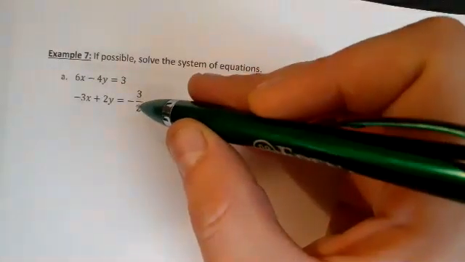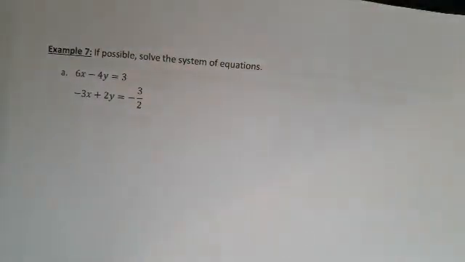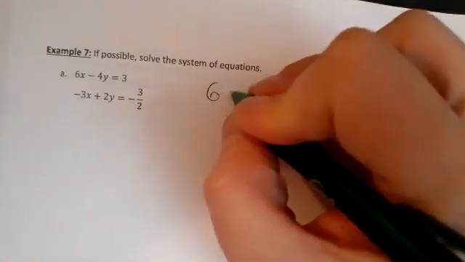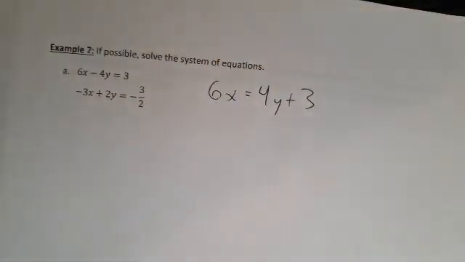I probably wouldn't try to solve for this thing. I'd probably definitely go for this thing since it doesn't have a fraction. So I want to either solve for x or y. If I divide by 4, that's not pretty. It's got fractions. But we can solve for one variable or the other.